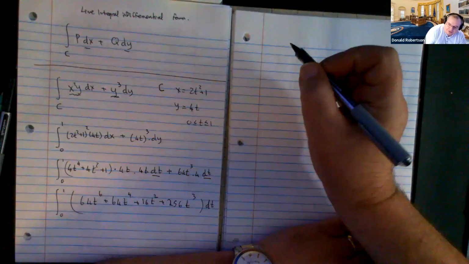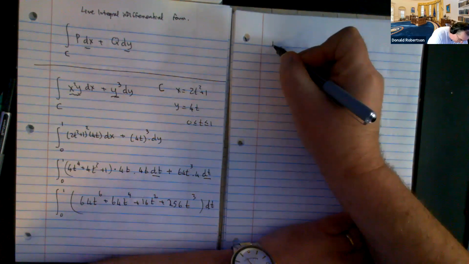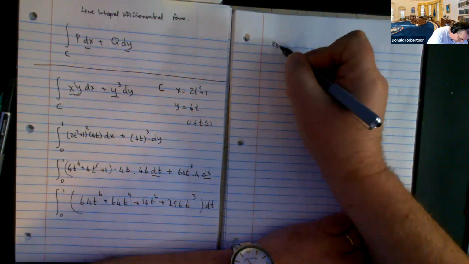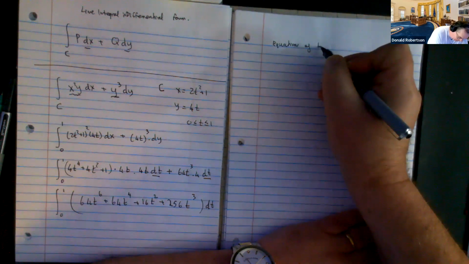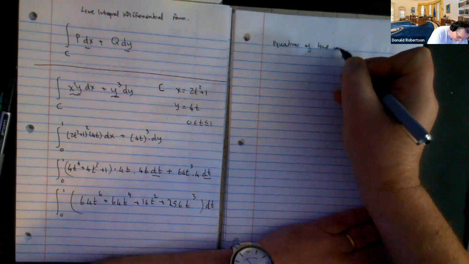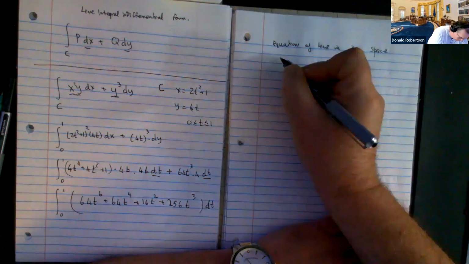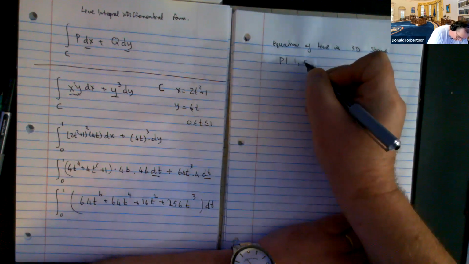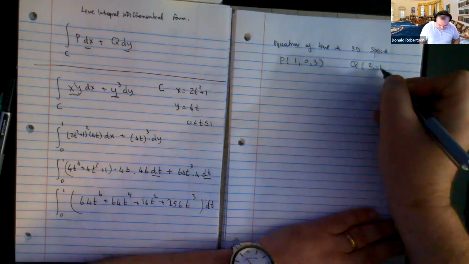So before I do the next question, I'm going to remind you of something you did way back in Calc 3. And that is how to find the equation of a line in 3D space. So suppose I have a point P with coordinates 1, 0, 3, and a point Q 2, -1, 4, right?